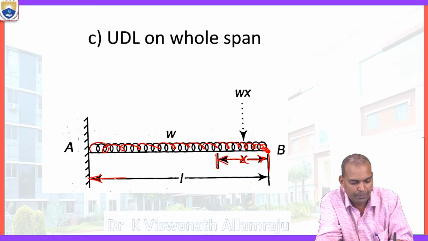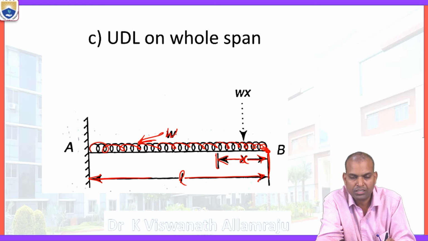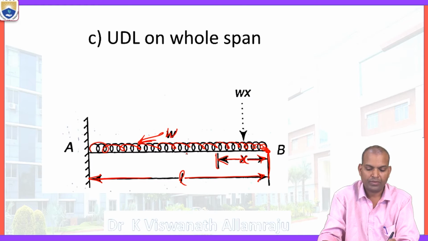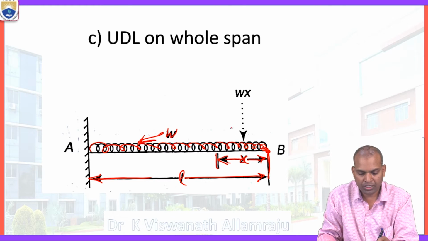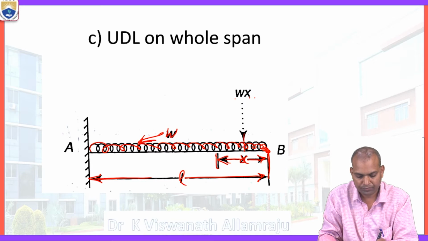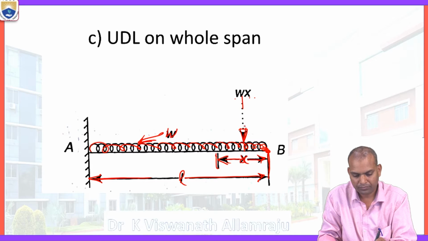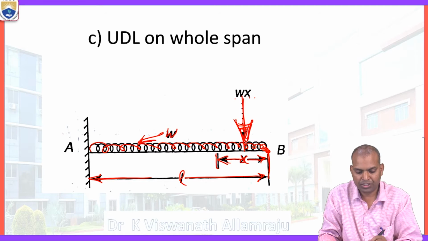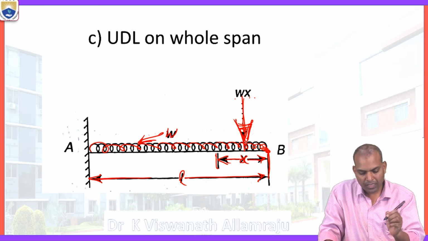The span of the beam is L. The uniformly distributed load, intensity of the load is w, that is small w. From this span, the total load is w times x. It is acting at a distance of x by 2.